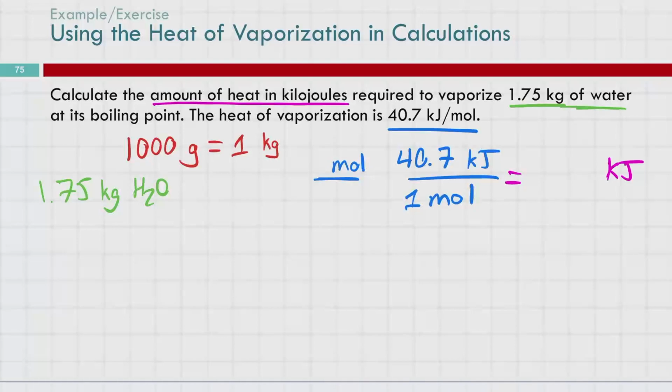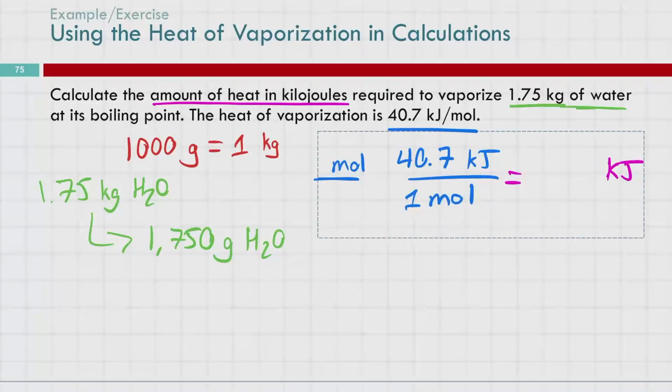Kilograms are bigger than grams, so we're going to have more grams. 1.75 kilograms, 1 kilogram is 1,000 grams. So this turns into 1,750 grams of H2O. To get from grams to moles, we need to use our molar mass. Just going to reposition everything here.